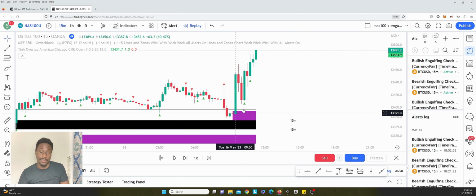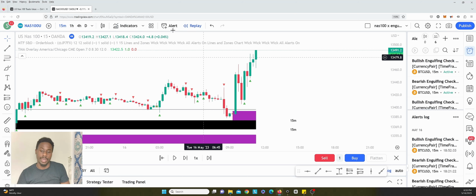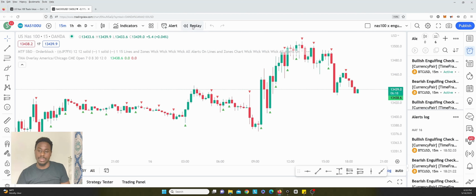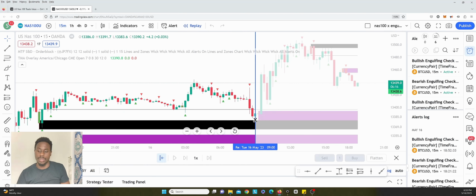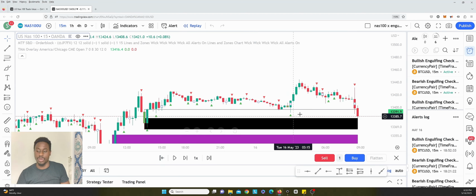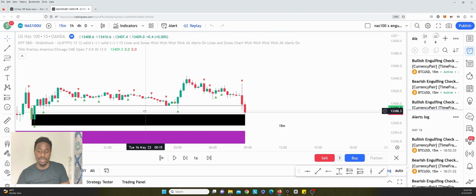I'm just seeing if the strategy is showing us accurate supply and demand zones, right? So if we were to take it back now, let's go back to replay mode, and if we were here at 9 o'clock, we already had a demand zone.